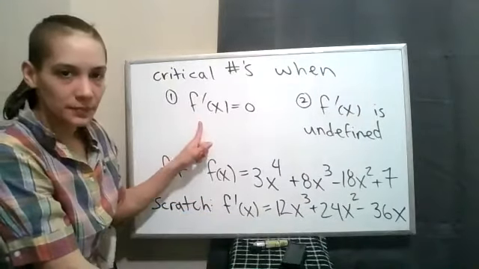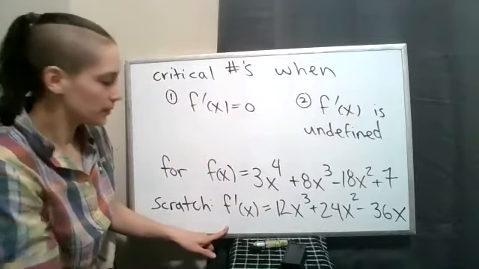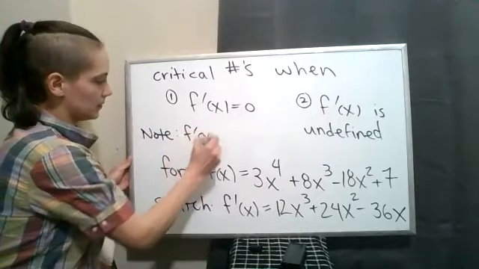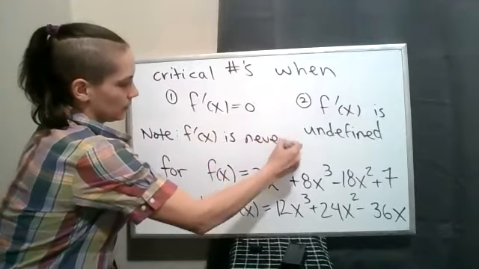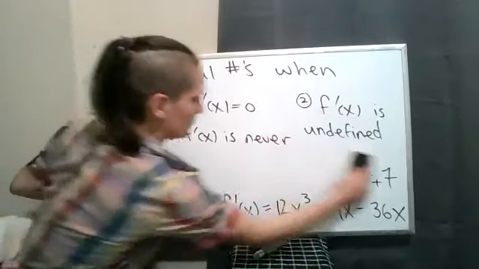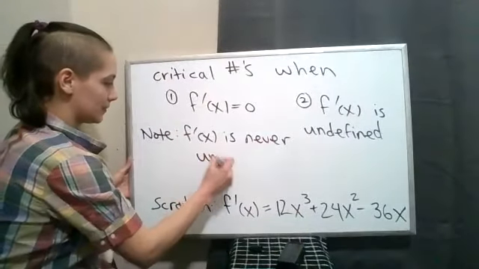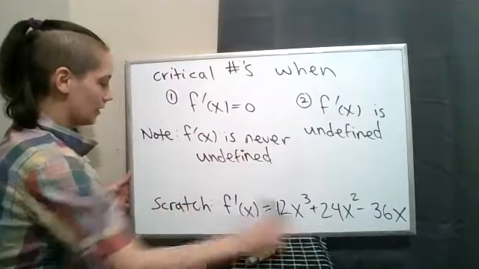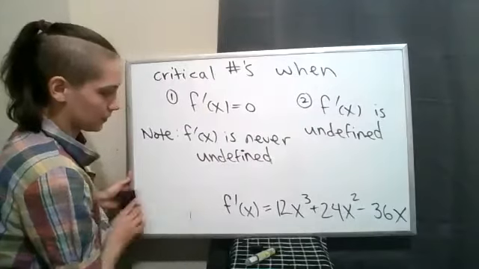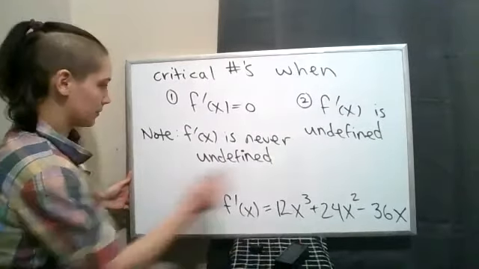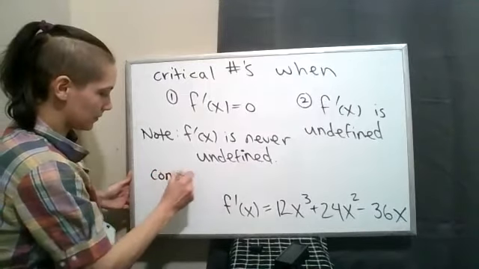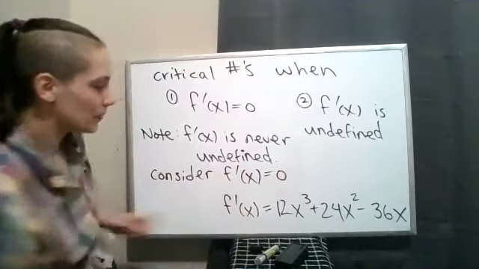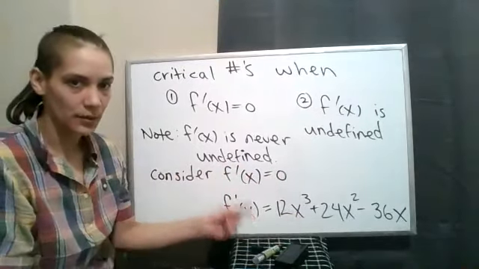So we're going to go here and let f prime of x equal 0. Okay, so I'm going to leave this here, and it's set equal to 0.